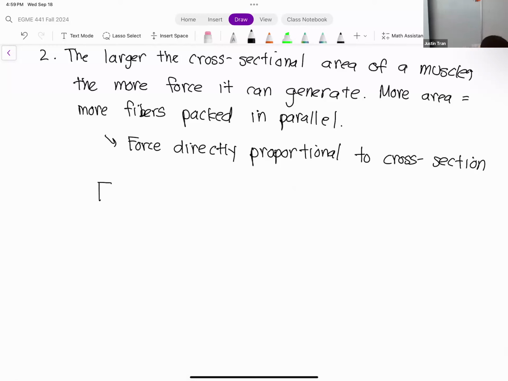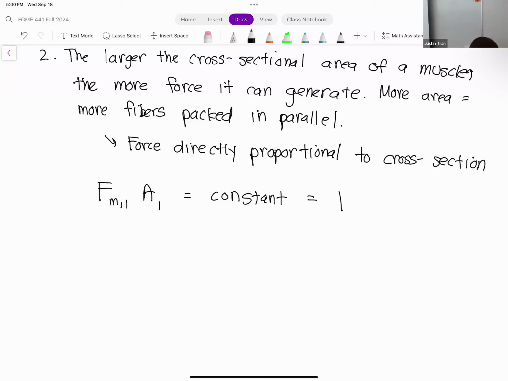So basically what we're saying is that, let's say we're looking at the biceps brachii muscle, the product of the muscle force multiplied by its cross-sectional area is some constant. And that constant is the same as the product of the muscle force and the cross-sectional area for each of the muscles.